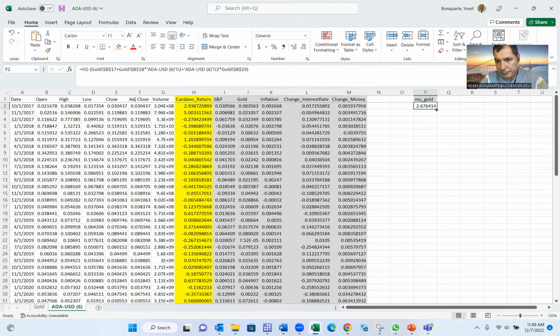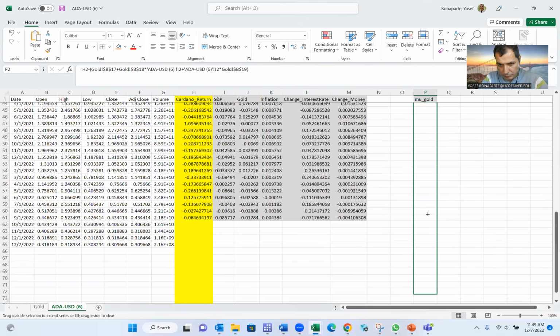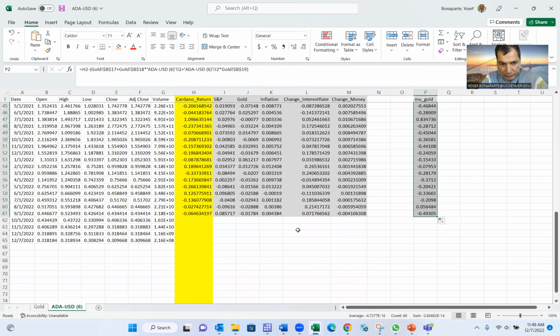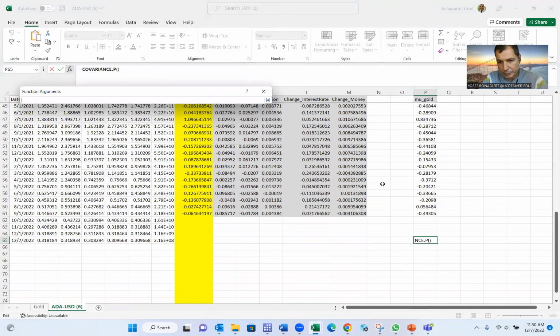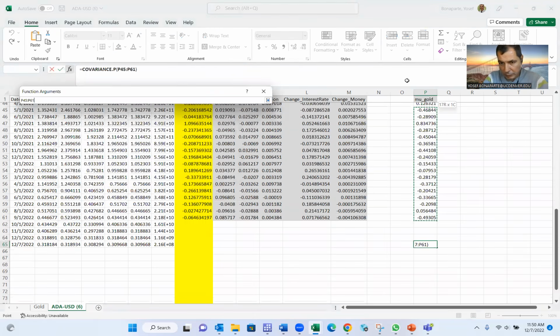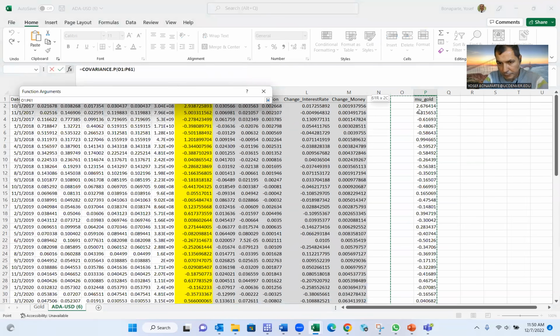Double click. That's the error term, mu, and calculate the standard deviation or the variance, whatever you want to do, either one is fine. I'm going to use the variance. That's the variance for the error term.